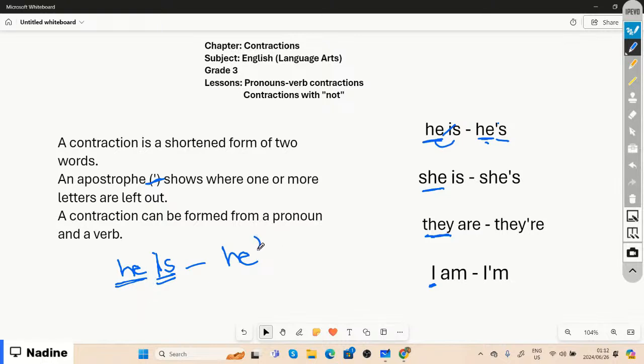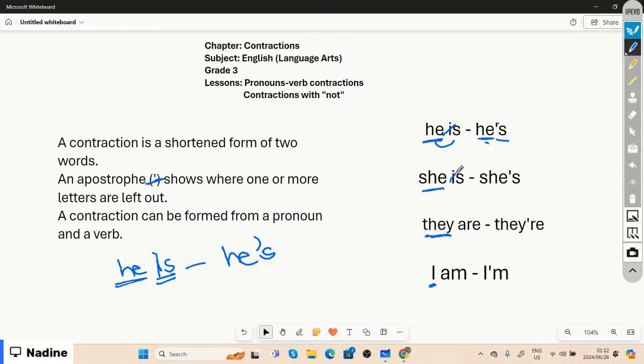We're going to add the apostrophe over there, and then we're just going to add the rest of our letters, which is s. The same with she is. It is two words, which means that we need to find the contraction of that word. So the pronoun she is going to stay the same.